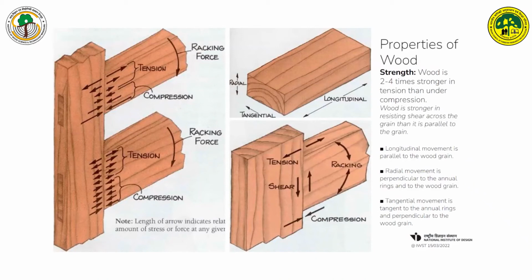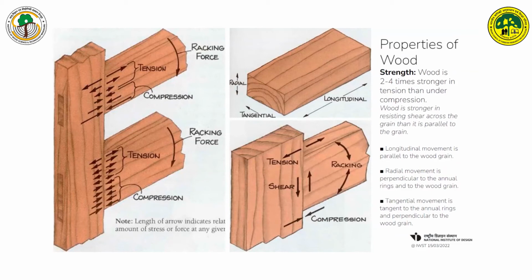Since the wood grains and the cells are a porous entity, compression can result in the collapse of the wood grains inward. So when deciding on a structure, we always make these decisions based on where we can maximize the tension in the wood instead of putting it under compression.